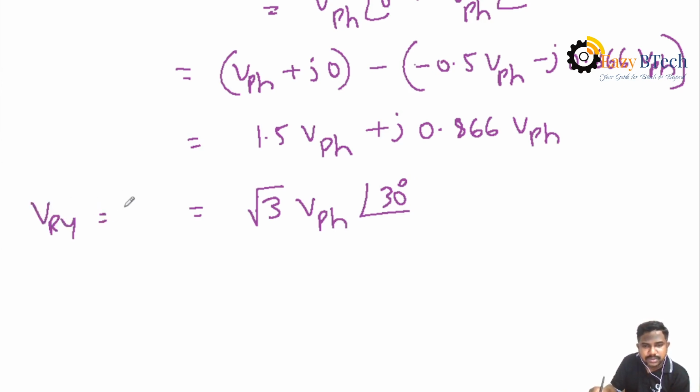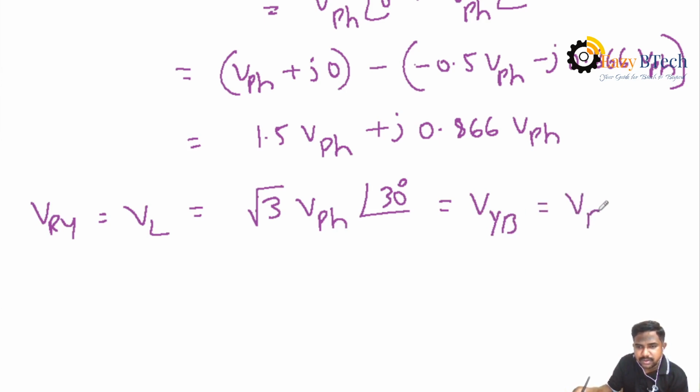This is the VRY value. Similarly, considering VL, that is the line voltage, when we derive the other voltages also, we will get the same values, between VYB and between VBR. From the above relation, VL is called line voltage and VPH is called phase voltage.